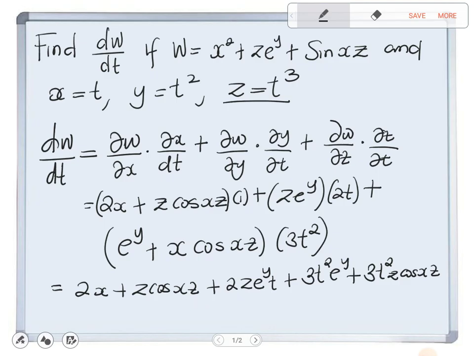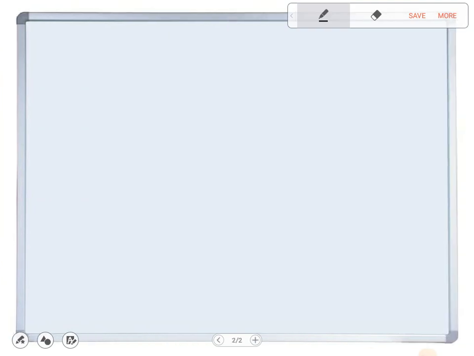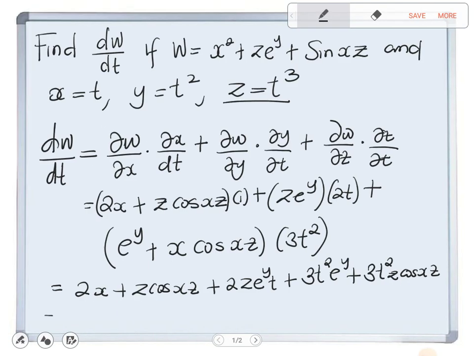Now we know what x is, we know what y is. It's just a matter of replacing now. We know that x is just t, so here we're just going to have t, 2t. Plus, we know that z is just t to the power 3, so we put t to the power 3 here. Cos, what is x? X is just t, z is t to the power 3.